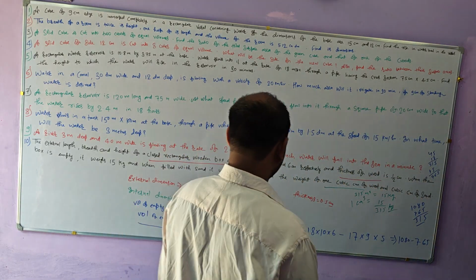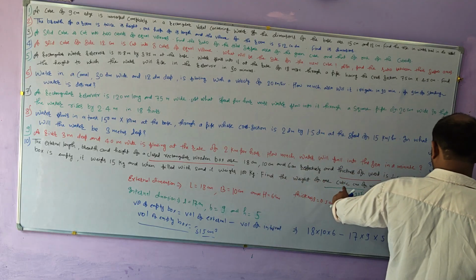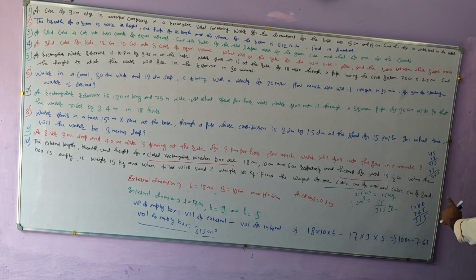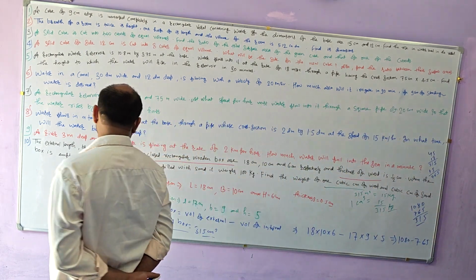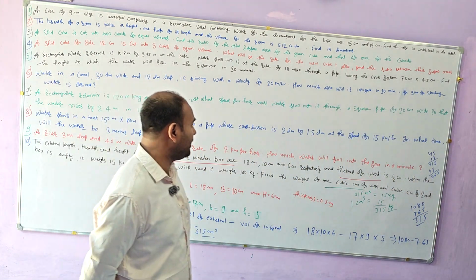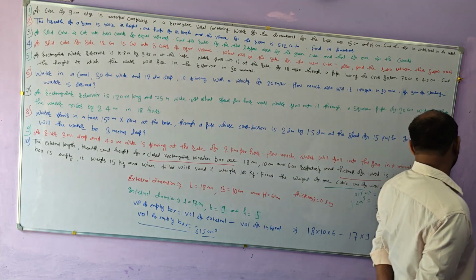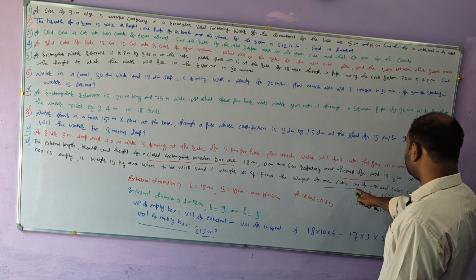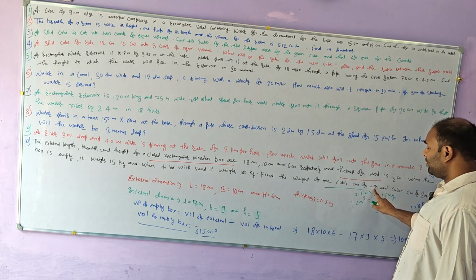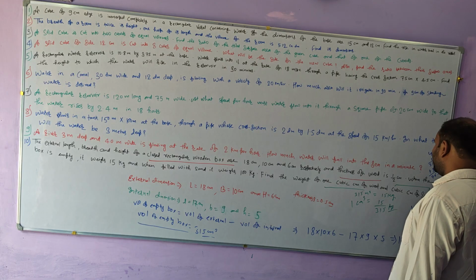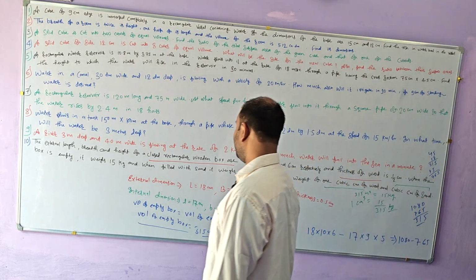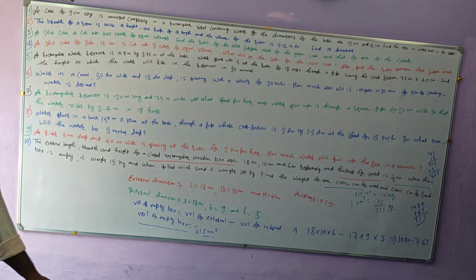And in another part, find the weight of 1 cubic centimeter of sand. Here we found 1 cubic centimeter of wood when the box is empty, and here we need to find 1 cubic centimeter of sand when the box is filled, just the sand, not complete with the box.